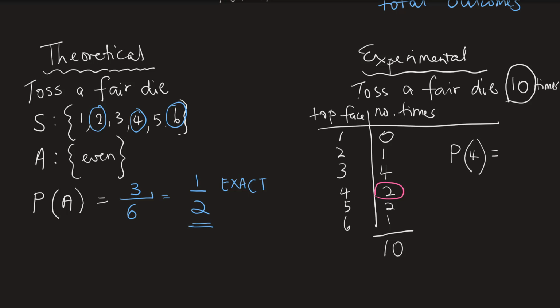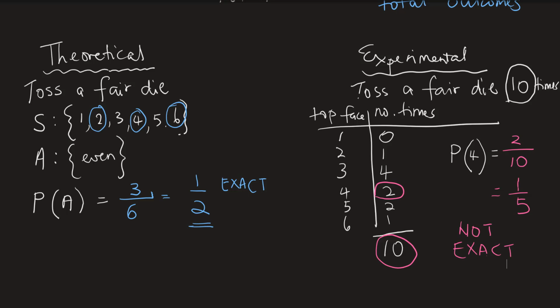The total number of times is 10. So this answer is 2 on the top over 10 on the bottom, and this simplifies to 1 over 5. Experimental probability is not exact, so you can report your answer as a decimal if you like.